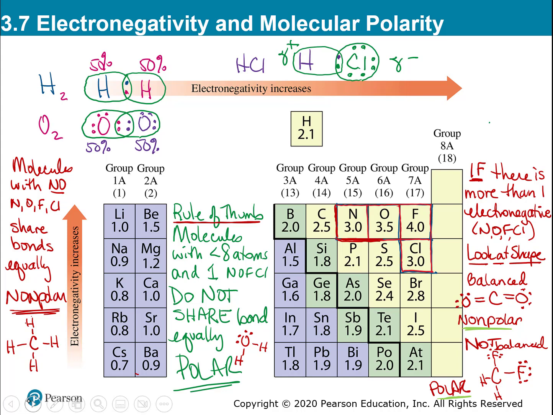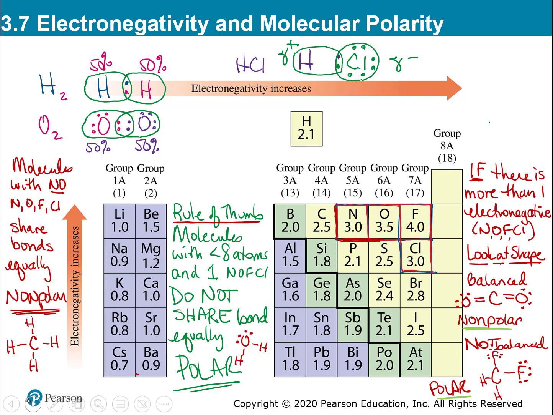Even if I have O2, the next one down, even though oxygen is electronegative, if I have 2 oxygens, they can't pull electrons more from one another. So they also would end up sharing equally, 50-50, because they have the same attraction, even though they're both electronegative.